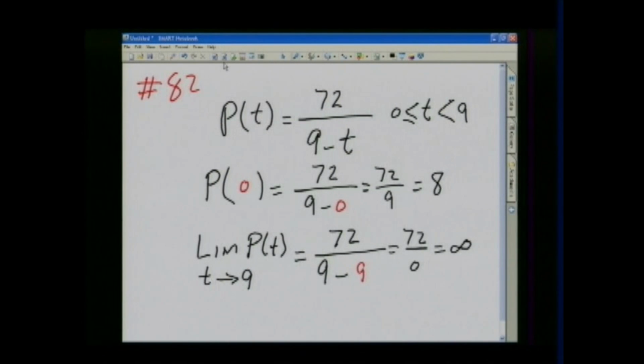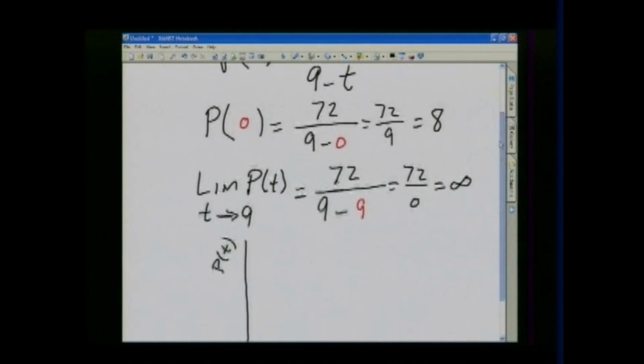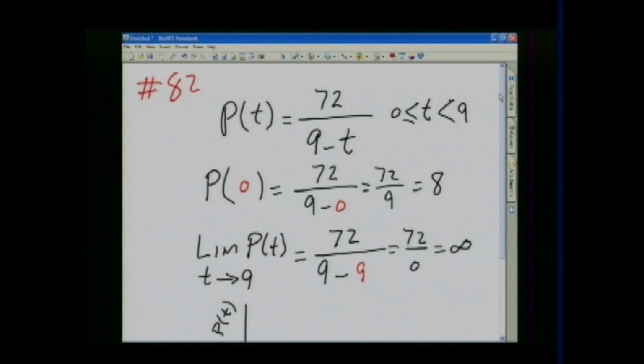In part C, it says, sketch the graph of the function. Well, that is simple. You would have P(t) on the vertical axis and t on the horizontal axis. T goes from 0 to 10. If you evaluate the function from t equal to 0 and increase t by 1 every time, we know you start at 8.